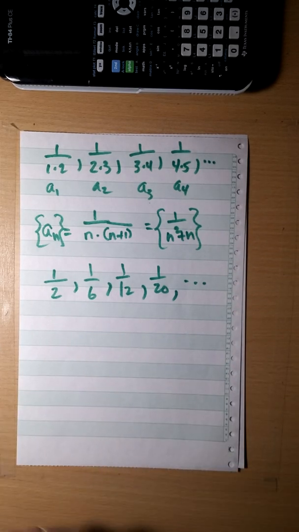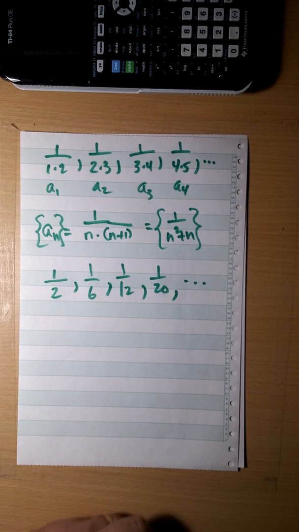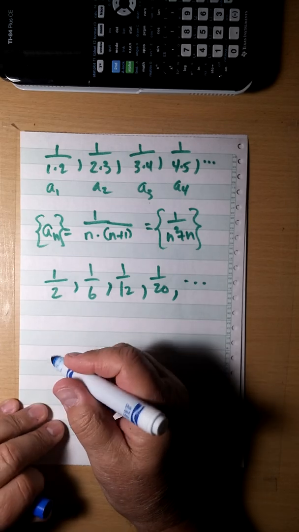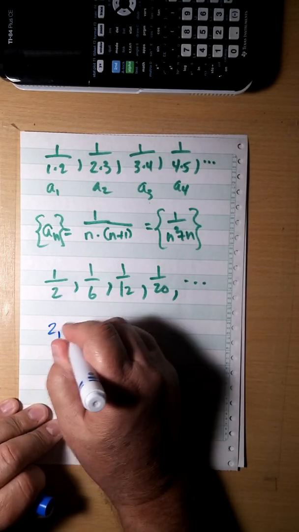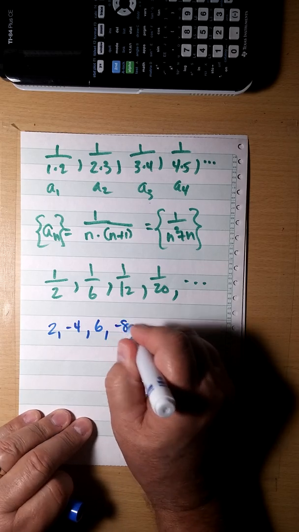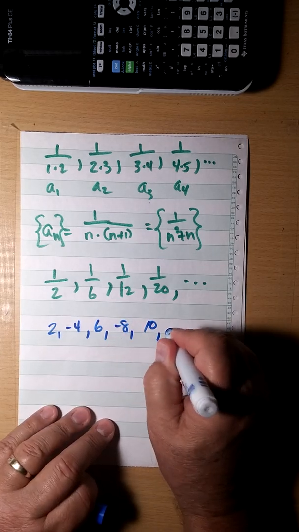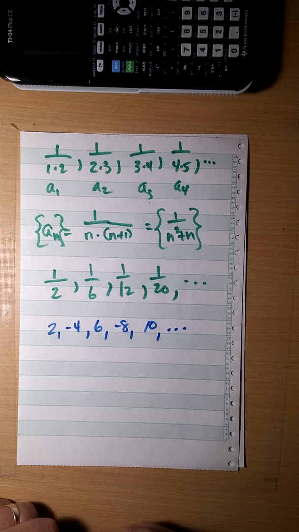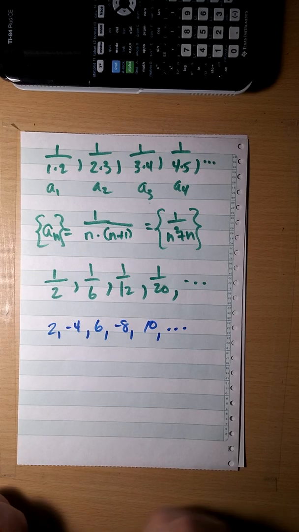So let's figure out a pattern. Let me change colors. How about a pattern that would be 2, -4, 6, -8, 10, and so on. So now we've got to go through sort of a process here.